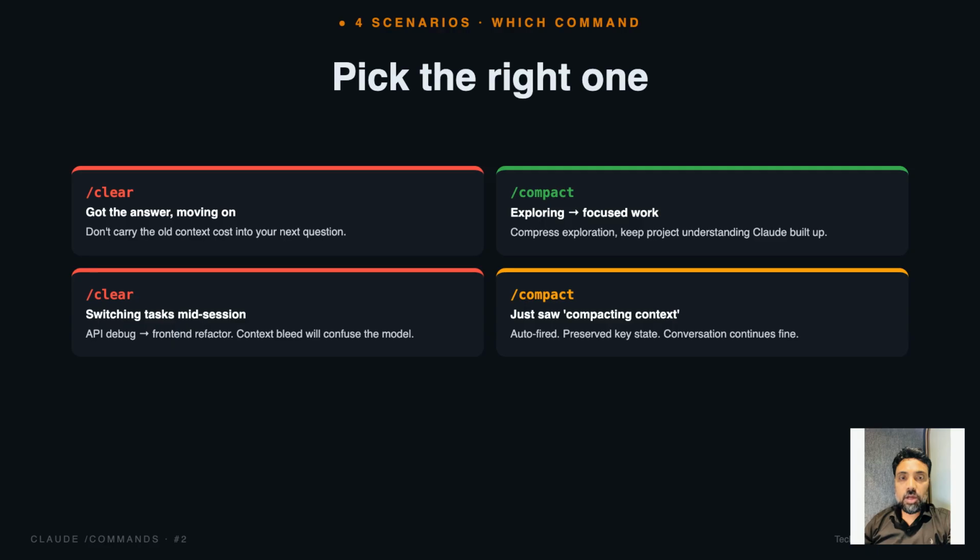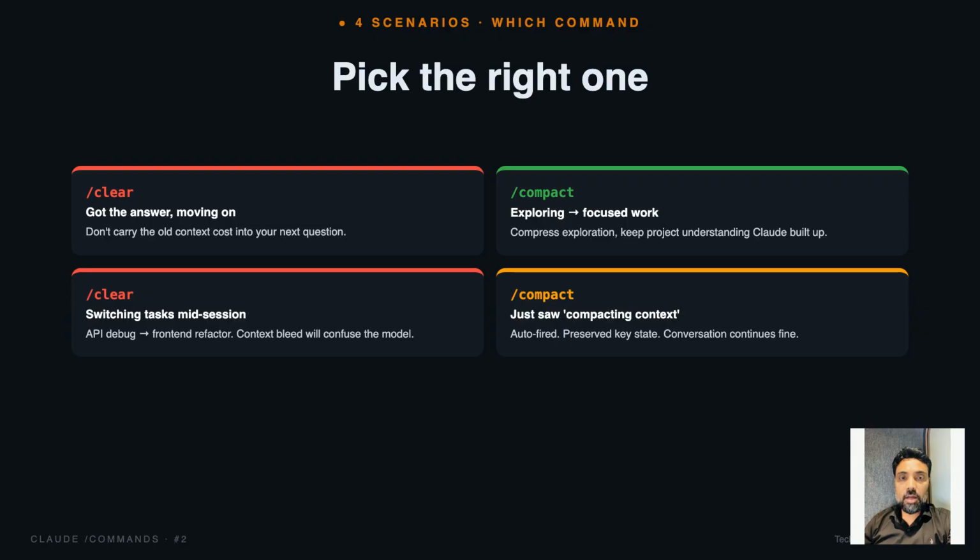Scenario 3, you switch tasks mid-session. You were debugging an API issue. Now you want to refactor a front-end component. Use /clear. Carrying API debugging context into a front-end refactor will confuse the model. Reset. Scenario 4, you see the compacting context line auto-trigger and the response feels slower or less detailed than expected.